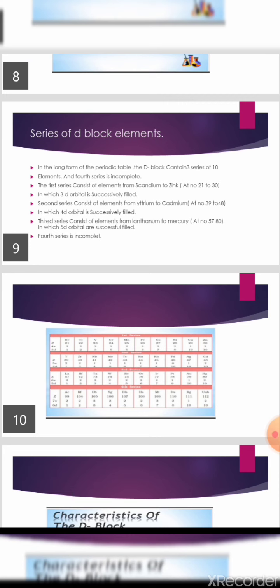So the first series consists of the elements from scandium to zinc, that is atomic number 21 to 30, in which the 3d orbital is successively filled, while the second series consists of elements from yttrium to cadmium, that is atomic number 39 to 48, in which the 4d orbital is successively filled, and the third series consists of elements from lanthanum to mercury, atomic number 57 to 80, in which the 5d orbitals are successively filled.